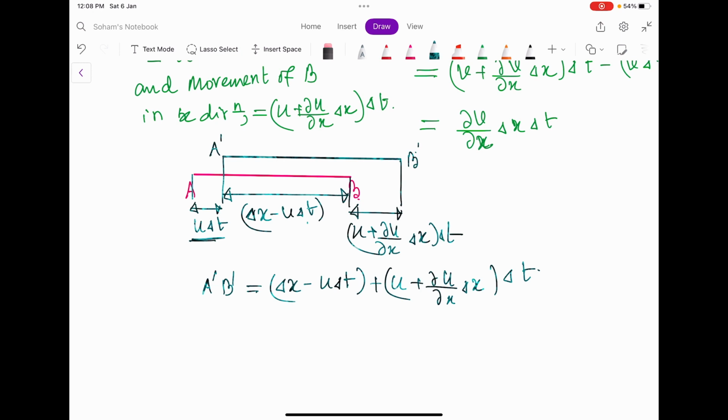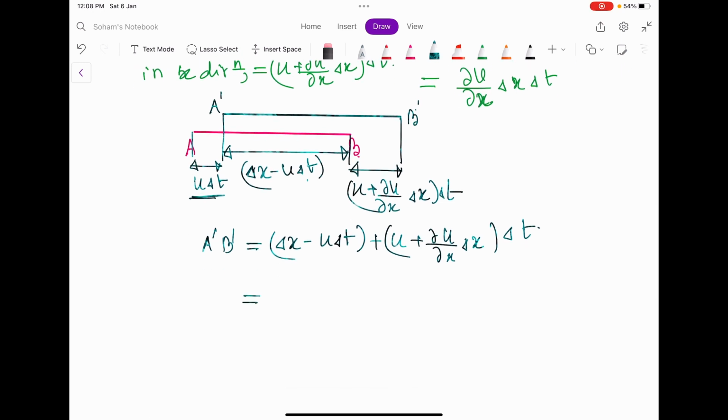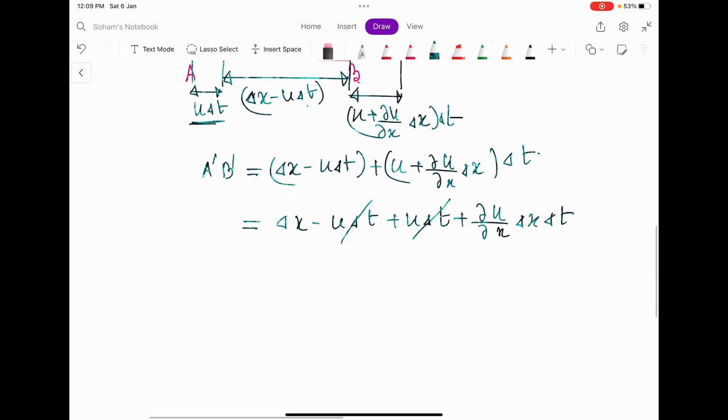Sorry for the silly mistakes, I sincerely apologize for that. So delta x minus u delta t plus u delta t plus del u del x delta t. This is being cancelled out. So A dash B dash is delta x plus this amount of change, right?